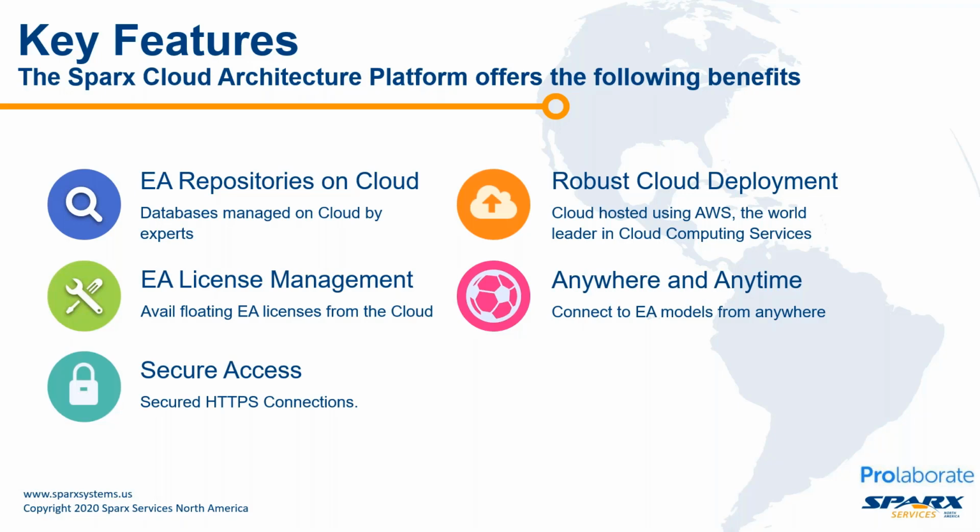And most importantly, when you're leveraging the Sparx Cloud Architecture Platform, your architects have access to their models, to their data, to do their job wherever they are, whenever they need to do it, without disruption and the challenges caused by connecting to on-premise resources.